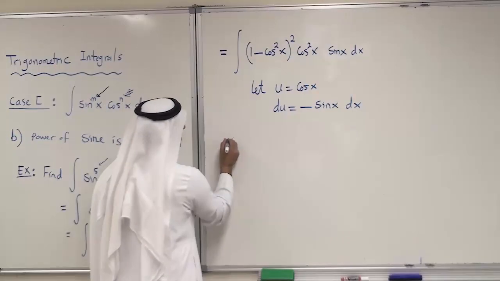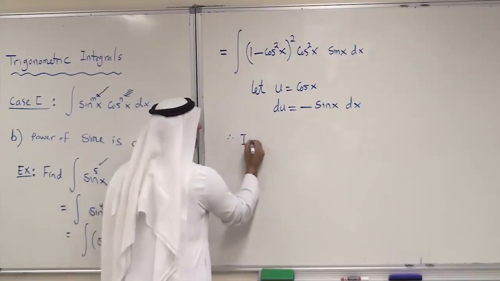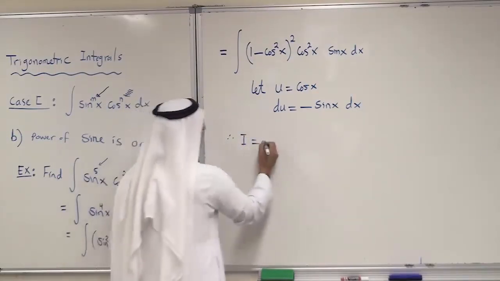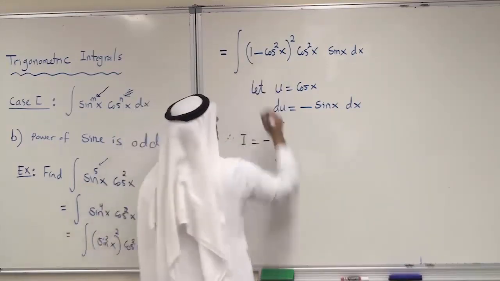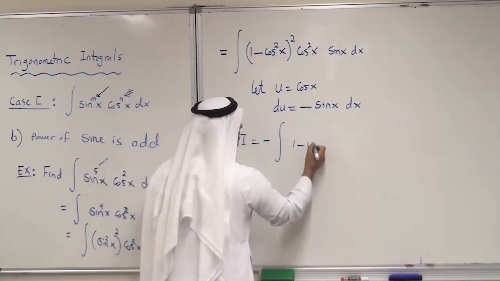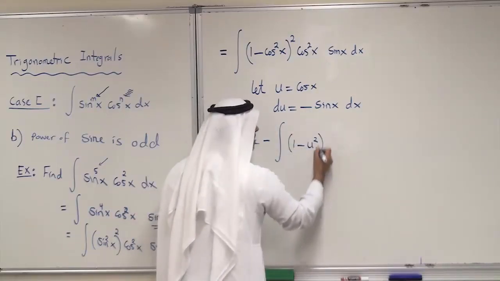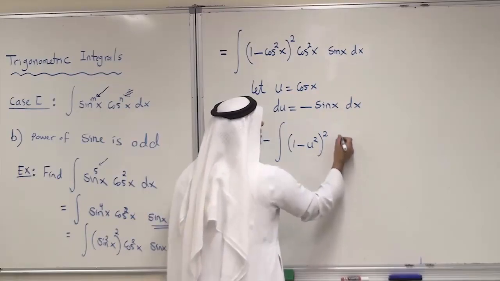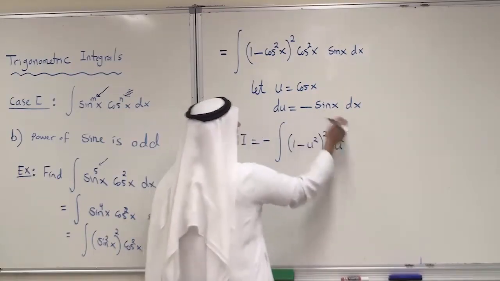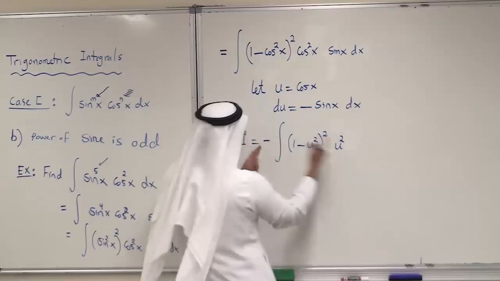So this implies our integral is now equal to minus the integral of what? 1 minus cosine squared, that is 1 minus u squared, all squared, multiplied by cosine squared, that is u squared, and we need sine x dx, that is minus du.